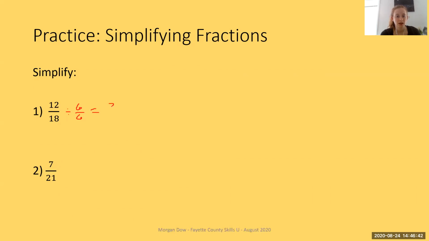And so I get 2/3. So we just saw that 12/18, 12 out of 18, is equivalent to 2 out of 3, 2/3.